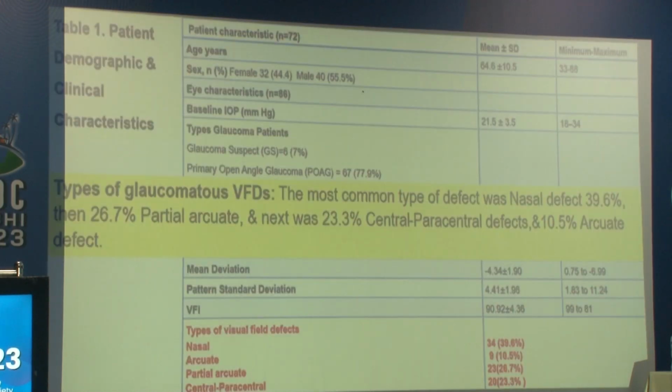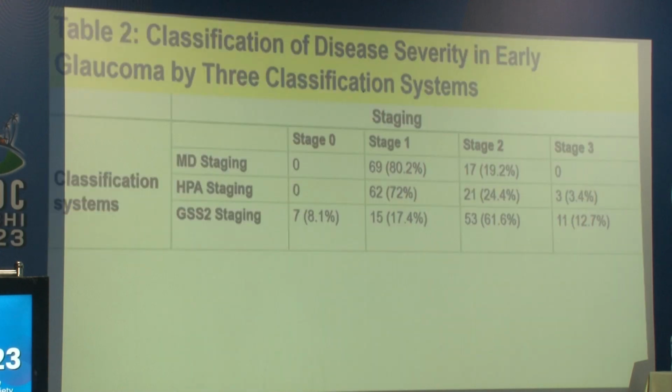Now, in this study, the most common type of defect was nasal defect, 39.6%, then 26.7% partial arcuate, next was 23.3% central paracentral defect, and 0.5% arcuate defect. Please note here that the mean deviation staging and HPA staging classified almost equal percentages of visual field defects at stage 1 and stage 2.